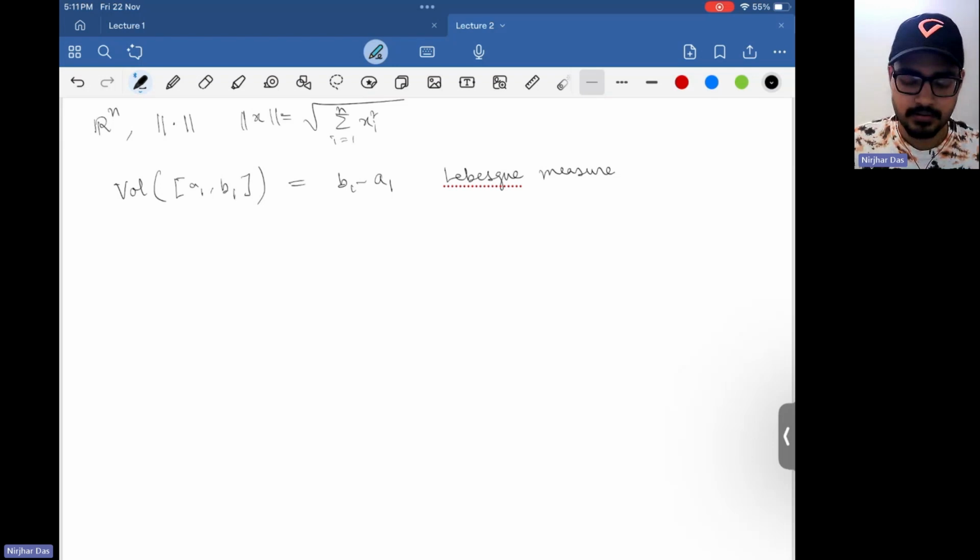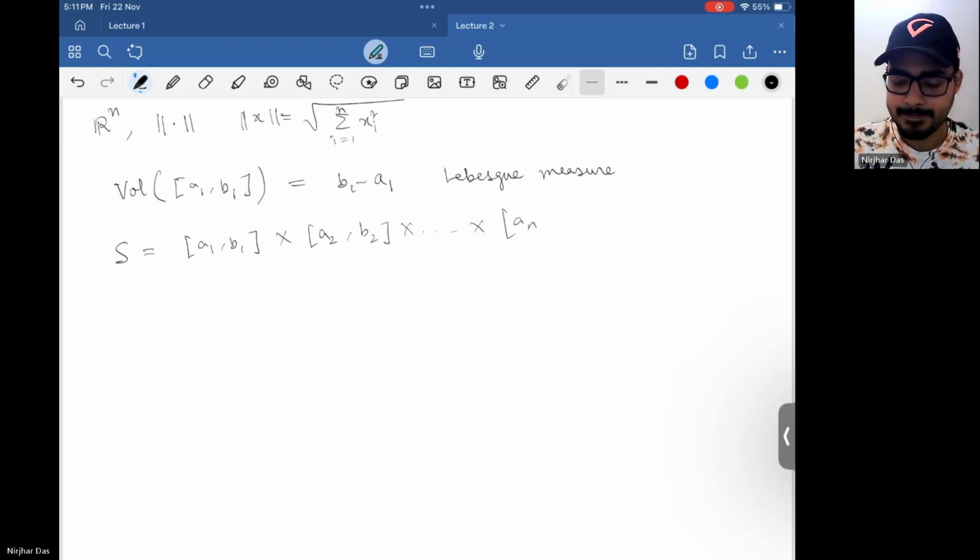Suppose we are given a set S, which is the Cartesian product of n intervals. Then the volume of S is the product from i equals 1 to n of (bi minus ai).